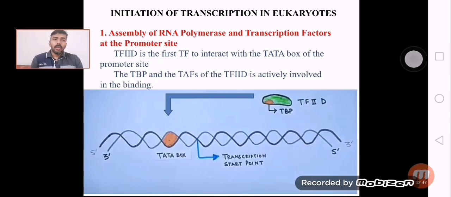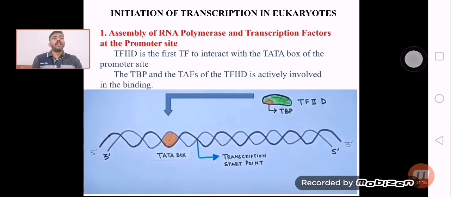Here the first transcription factor which interacts with and identifies the promoter sequence is what we call transcription factor 2D. And remember, we are discussing all these mechanisms in terms of RNA polymerase 2, and hence we are using transcription factor 2, which is associated with RNA polymerase 2.